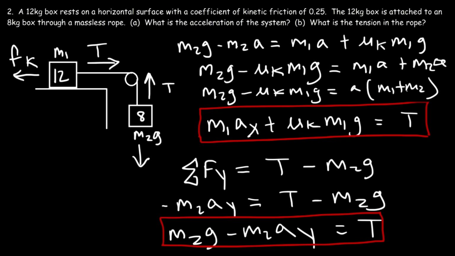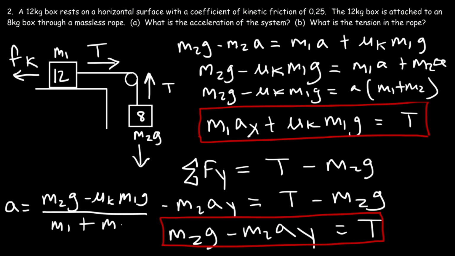So now we could divide both sides by m1 plus m2. So the acceleration is basically the weight force, that's the main driving force, minus the kinetic frictional force, which is mu k times m1g, divided by the total mass, which is the equation that we came up with earlier.